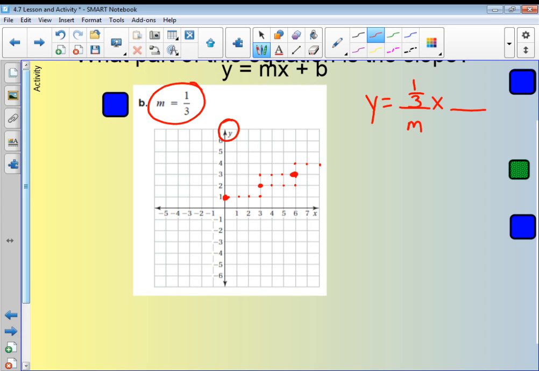You can now see my pattern. Now, you could actually draw your line with a straight edge and then just double check yourself if it's crossing between two numbers. I can now see that it's landing right on +1. So that's the back end of my equation. So my y-intercept was +1. My equation was y equals 1/3 x plus 1.